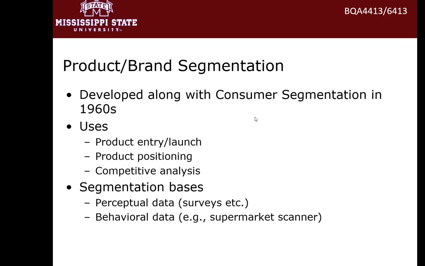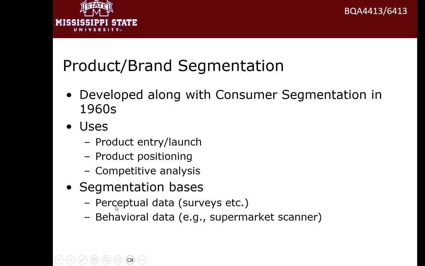I may think that my product is a premium product, but consumers possibly don't agree. I may think I'm competing with a Lexus, but in fact, I'm competing with a Nissan or a Ford. So by looking at consumers' perceptions, I can segment my products.